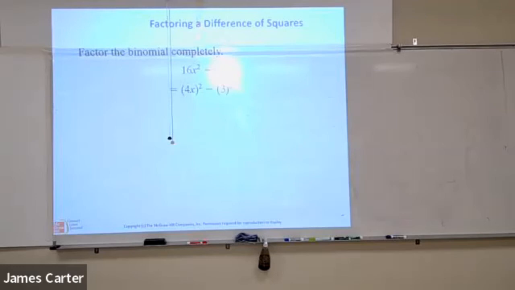That's going to give you 4x plus 3, 4x minus 3, a conjugate pair. Guess what the middle term on this one is if you want to factor it the other way? 0x.